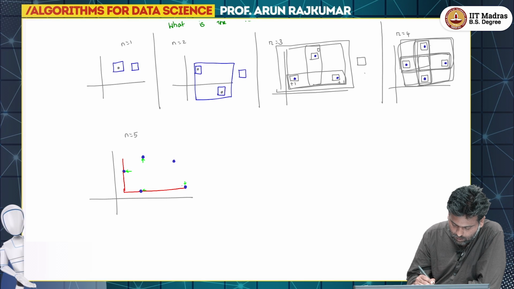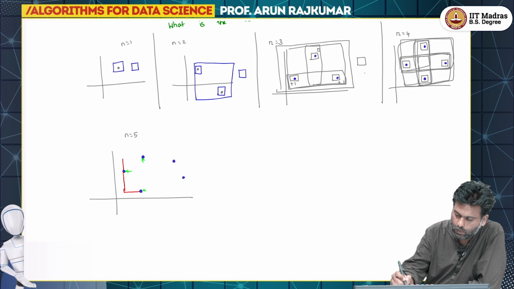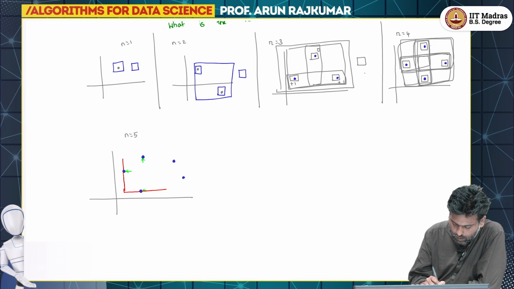This may not necessarily be linear, so this can be here as well. It does not matter, maybe I will put it here, and I am also including this in my tightest rectangle.